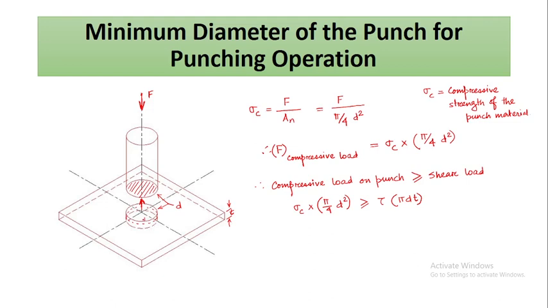Let this distance be given as 30% of the thickness. That means whatever the thickness is, its 30% is this distance that the punch needs to move.